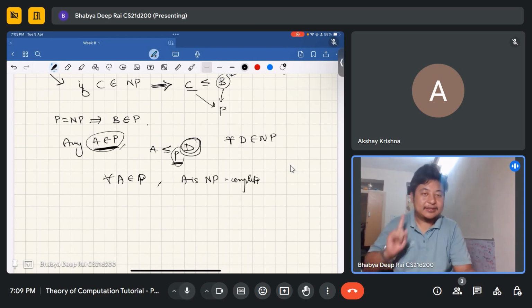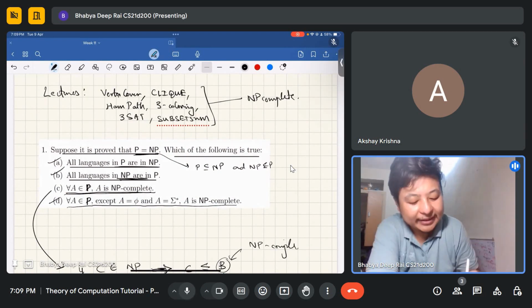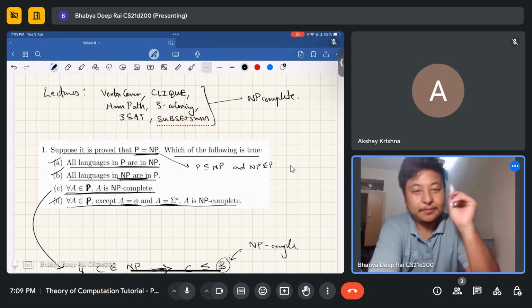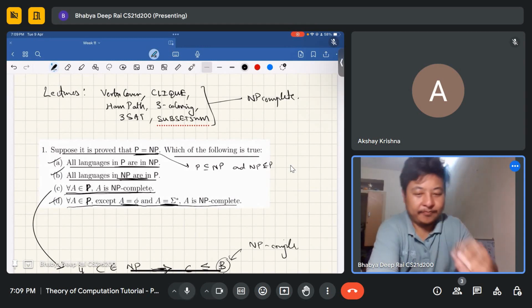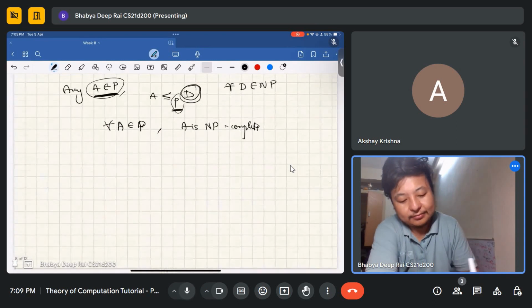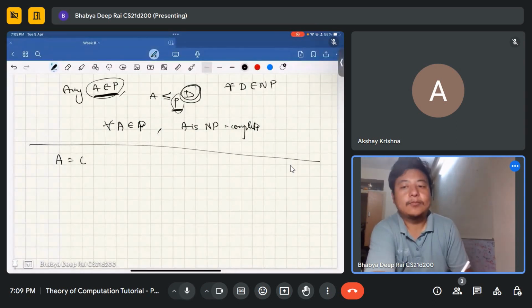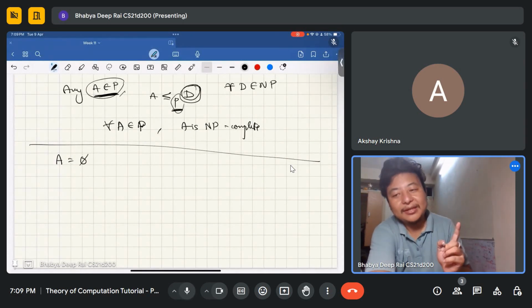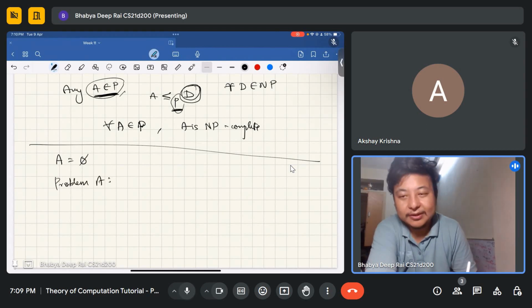Now, I think this is the argument that you had in mind. But this is true for all cases except for A equals phi and A equals sigma star. Why? Suppose A equals phi. What is the problem A?